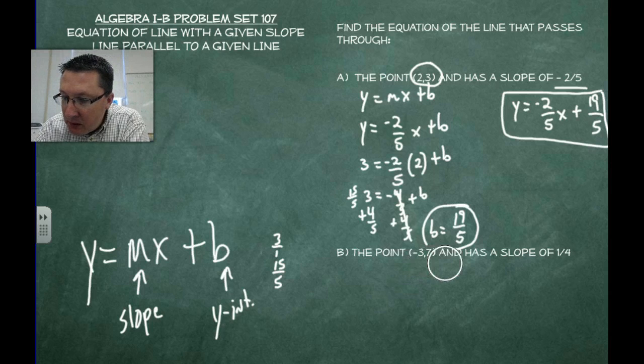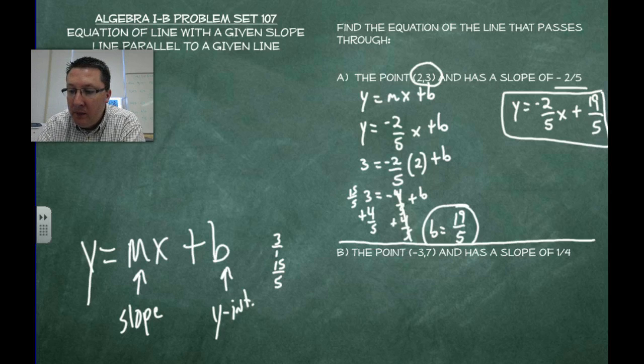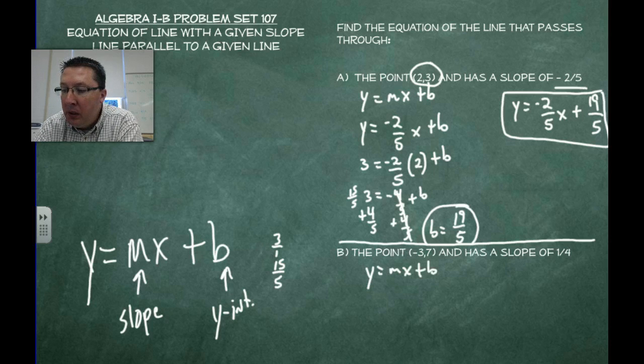I need to clean this up just a bit. And here we go. So problem B here. We're going to pass through the point (-3, 7) and have a slope of +1/4. So again, start with your equation, y equals mx plus b. We're going to plug in 1/4 for m, and now we can solve for b once we plug in this ordered pair.